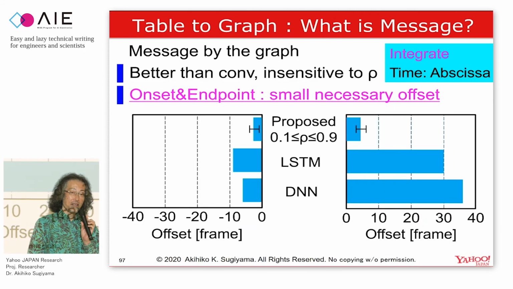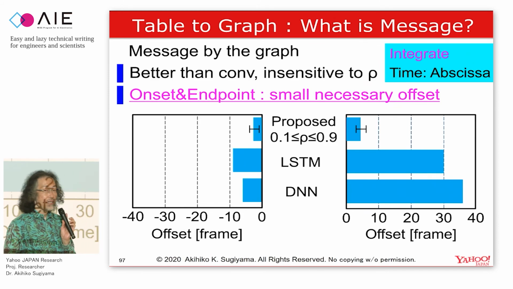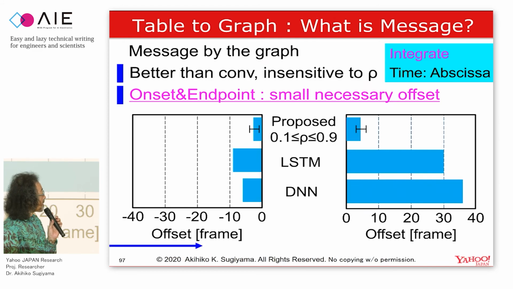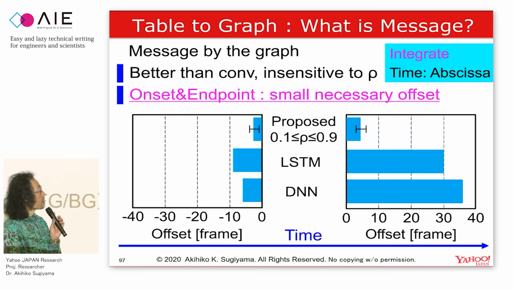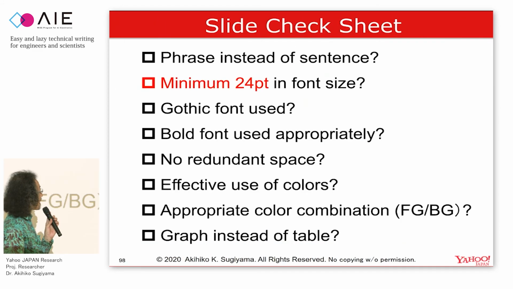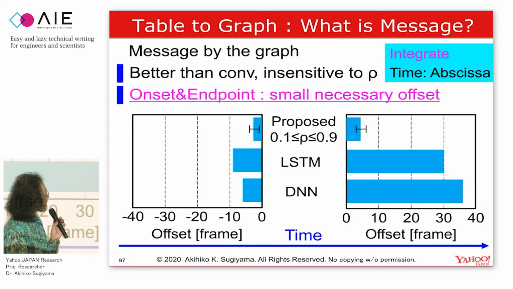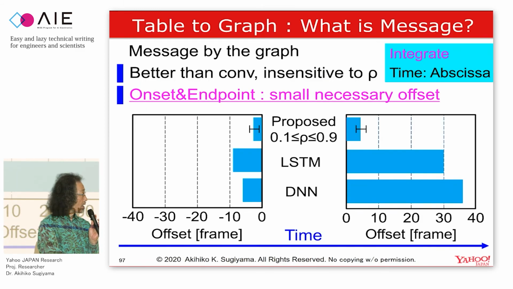I just tilted these values by 90 degrees, but you can further integrate these. Oh, I'm sorry. So this is the final form. So it's easy. It's more intuitive because the value increases along the time.